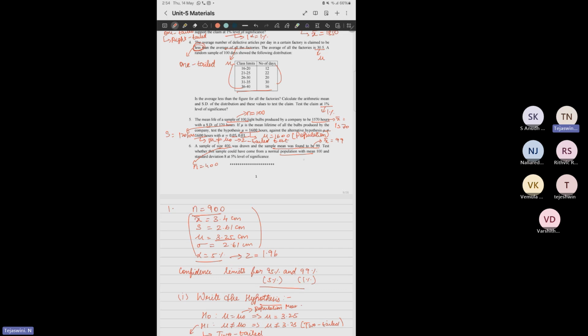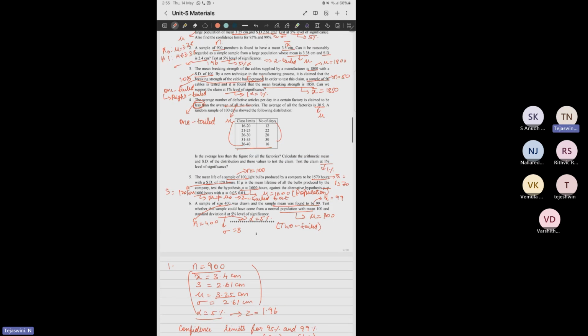That is, population mean mu is equal to 100 and population standard deviation is 8, at 5% level of significance. Alpha is equal to 5%. This is two tails since we don't have any keywords such as increasing, decreasing, and so on. Okay, we'll next move on to difference of mean.